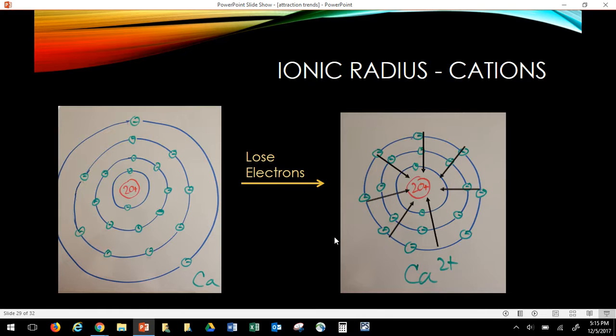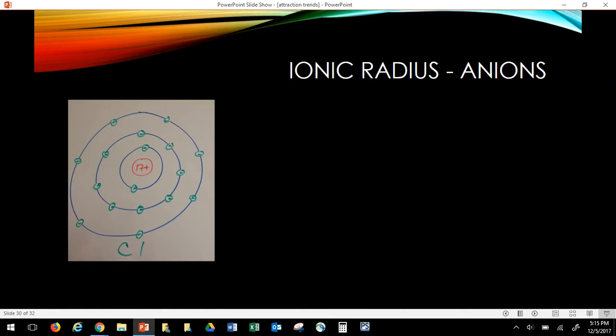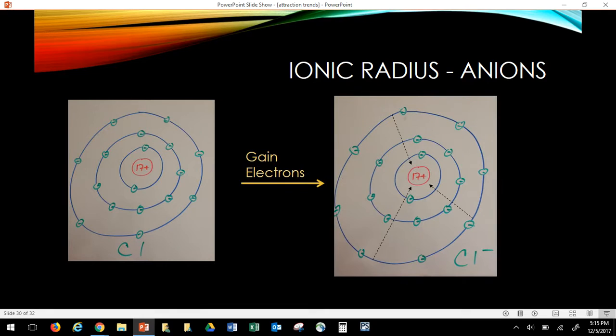And by losing that energy level, it also got a little smaller. So calcium got smaller for 2 reasons. One, it kind of lost that outside energy level. And 2, because now it has more protons than electrons, and it can pull those in tighter. If, however, chlorine, which has 17 protons and 17 electrons, adds an electron to become a nice stable noble gas configuration, the reality is, though, chlorine can't pull those in as well as it could when it was a 1-to-1 ratio of protons to electrons.